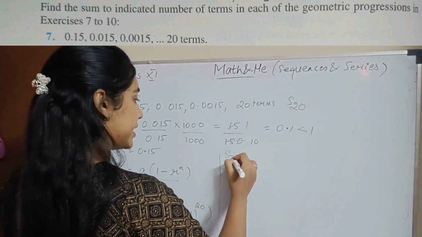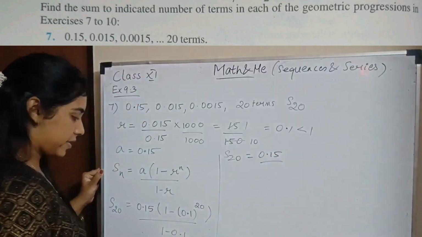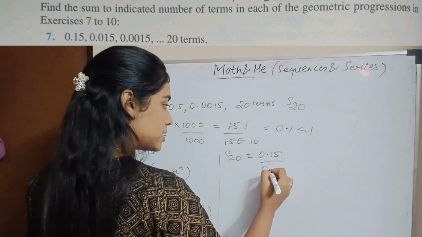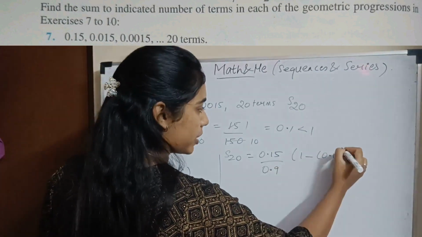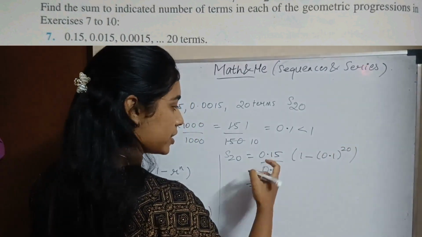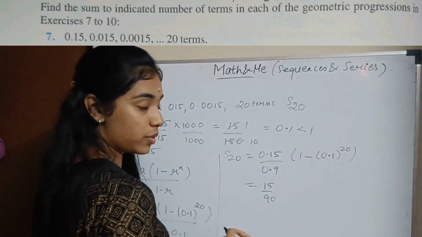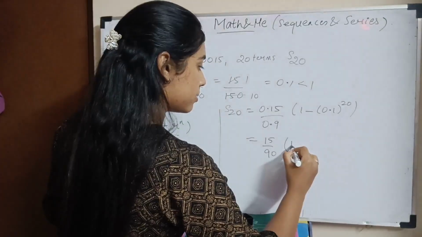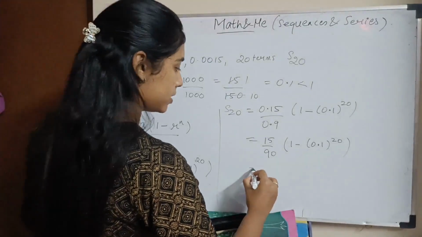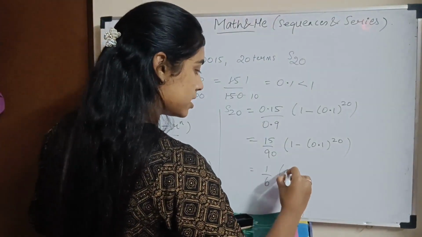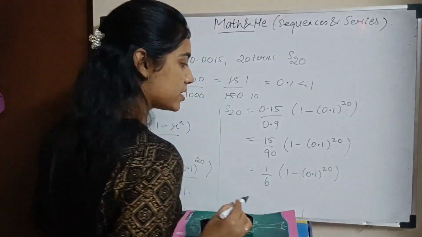So I have S20 equals 0.15 divided by 1 minus 0.1, which is 0.9, times 1 minus 0.1 to the power 20. So here I have 15 divided by 90, which is equal to 1 by 6, times 1 minus 0.1 to the power 20. Okay, this is your final answer.